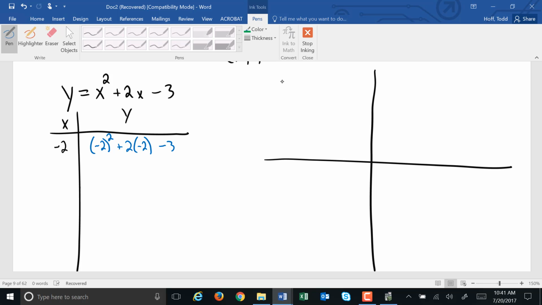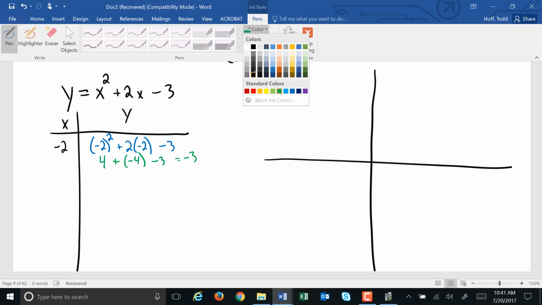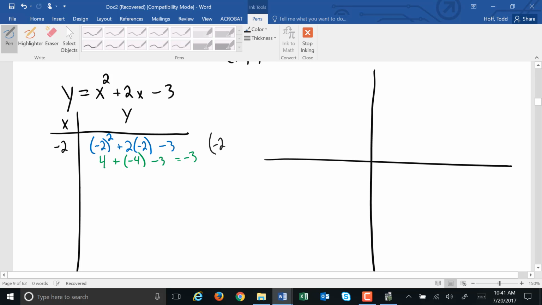Otherwise, that -2 squared might come up as -4, and that'll throw your answer off by a lot. -2 squared is +4. 2 times -2 is -4, and then minus 3. 4 plus -4 is 0, minus 3 is -3. So when x is -2, y is -3. So there's our first ordered pair. There's our first point on the graph.